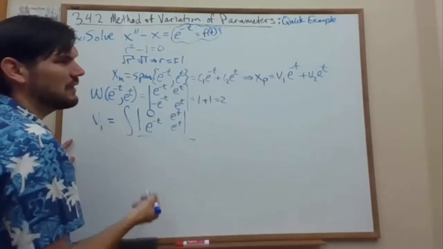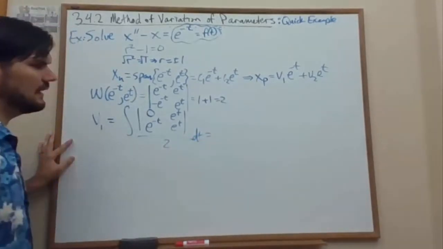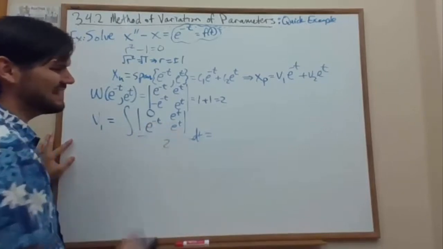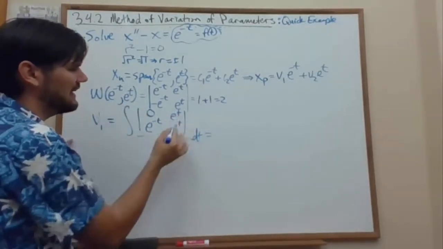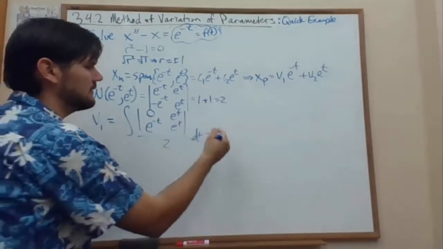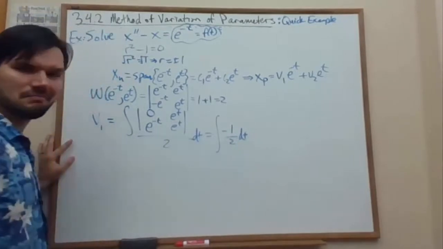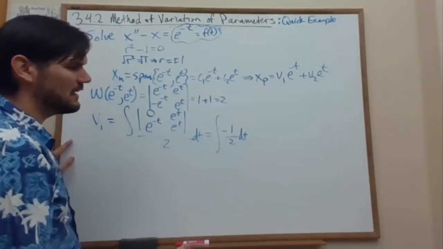On the bottom, we just divide by the Wronskian, which we calculated to be 2. And then we compute. Now, we can't integrate yet. We have to take the determinant here. So we multiply down. We get a 0. And we subtract, multiply up. That's a 0 minus 1.